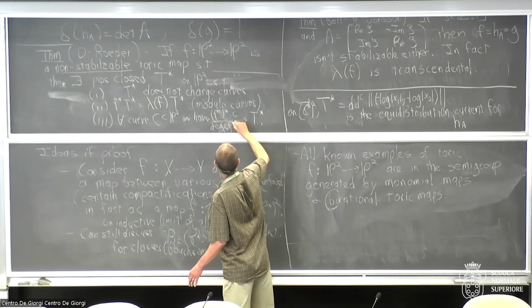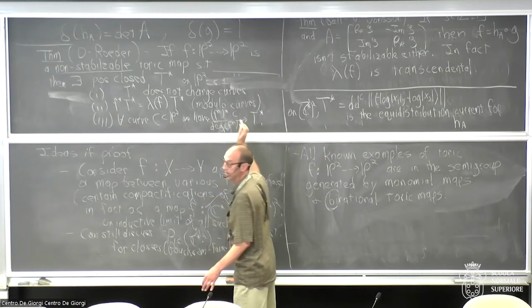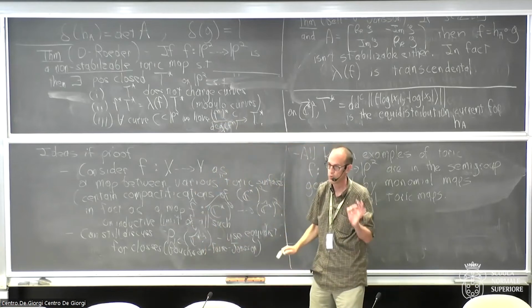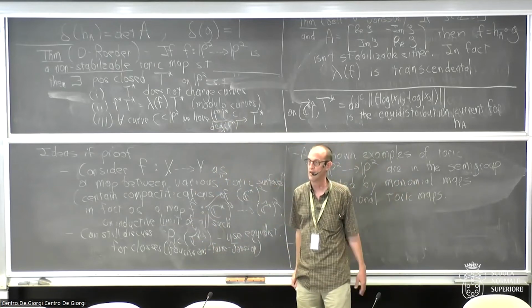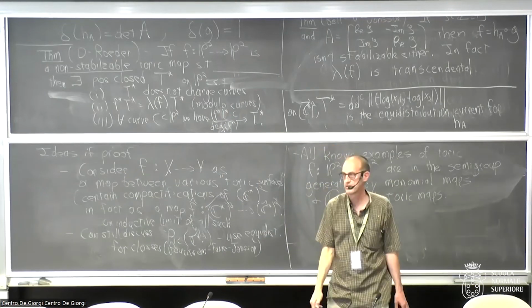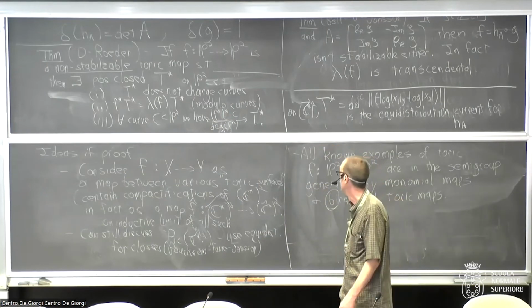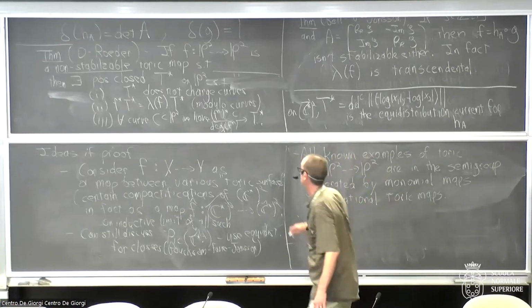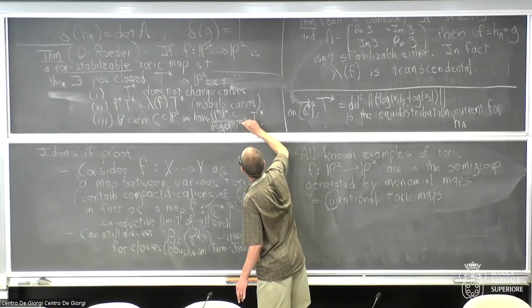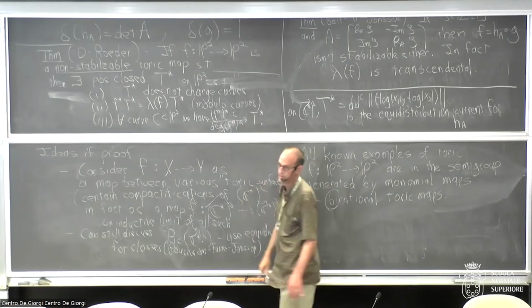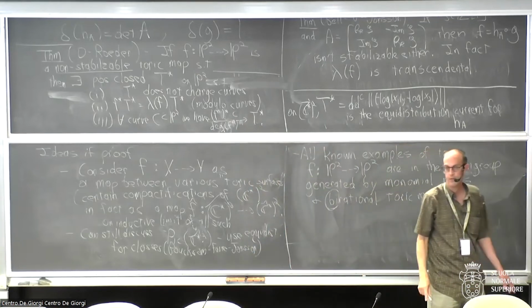Asymptotically, the degree of f to the n is lambda of f to the nth power, not the degree of f to the nth power. There's a lot to keep track of, but I could state it that way. It's really important where you put your n's in your parentheses here.